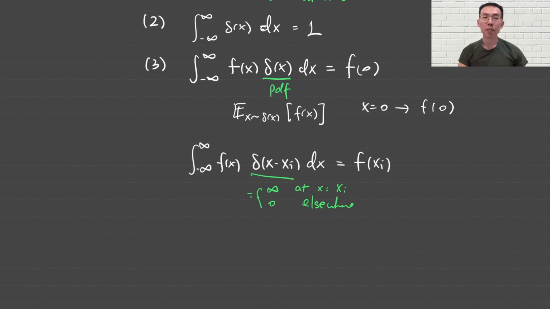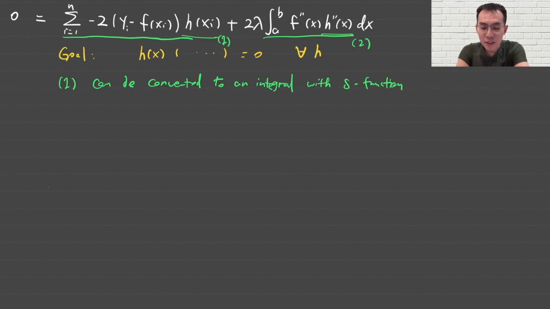Now let's apply this property of the delta function to our smoothing spline problem to see how we can proceed. Let's see how we can use the delta function to convert the first term into h of x. Let me just ignore the summation sign for now.